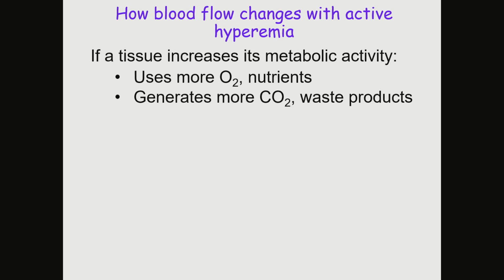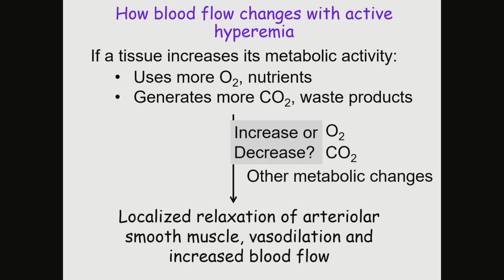And if we look at how blood flow changes because of active hyperemia, I'm using more oxygen, generating more CO2, and there are a lot of metabolic changes occurring that contribute to this, but the two that I think are most understandable or memorable are oxygen and CO2. Will I have an increase or decrease in oxygen?